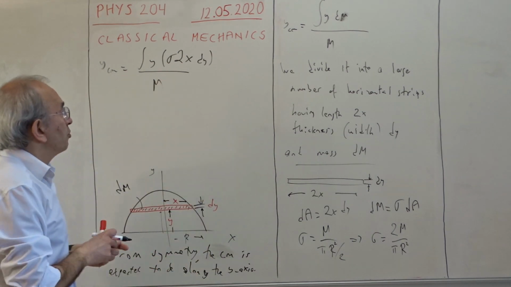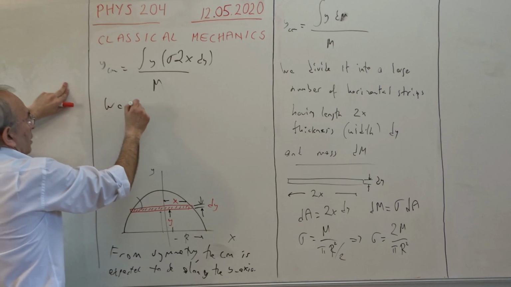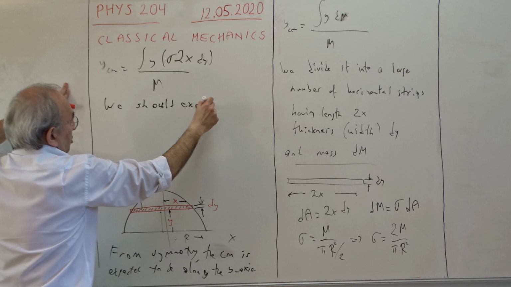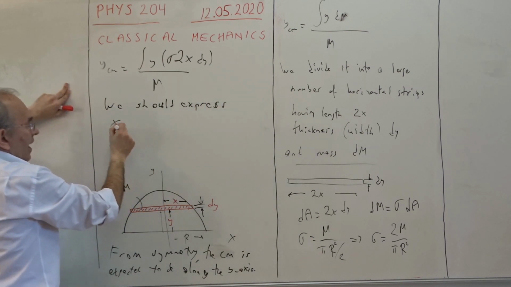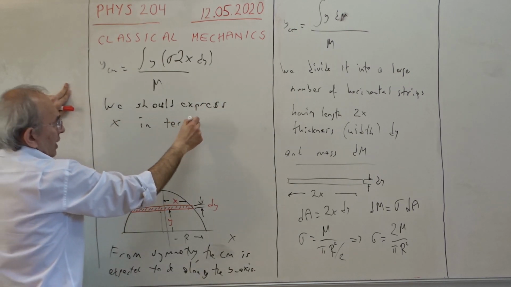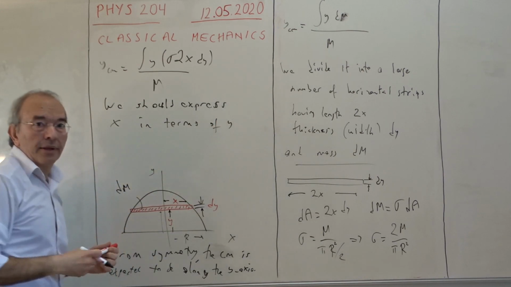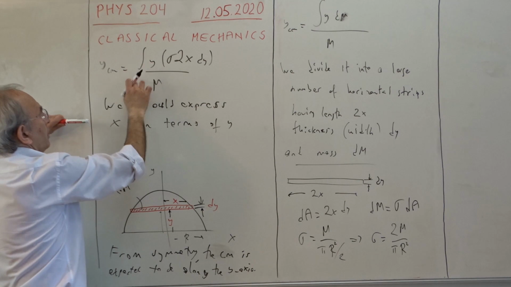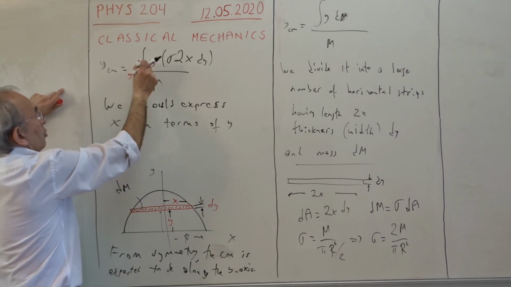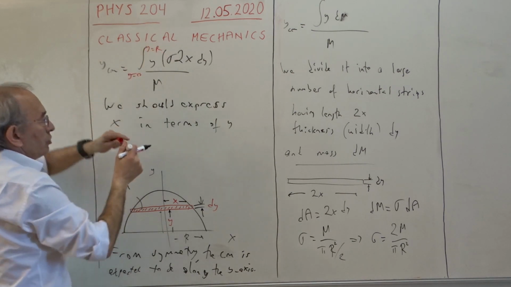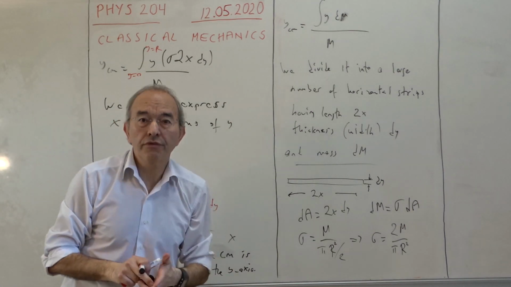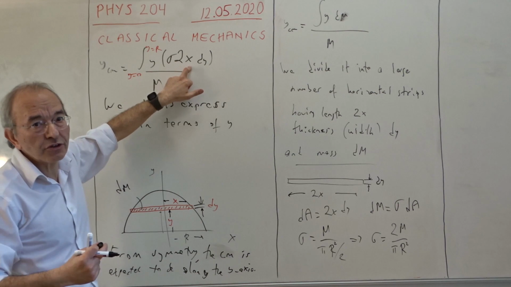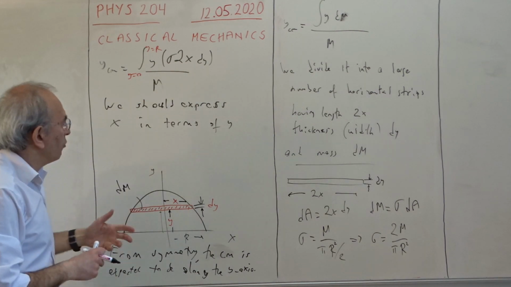So we should express, for instance, x in terms of y, and the limits of y will be y equals 0 to y equals r. So these are the lower and upper limits of the integration variable y, but we should get rid of x in favor of y. How do we do that?